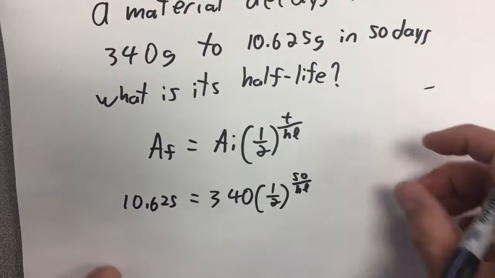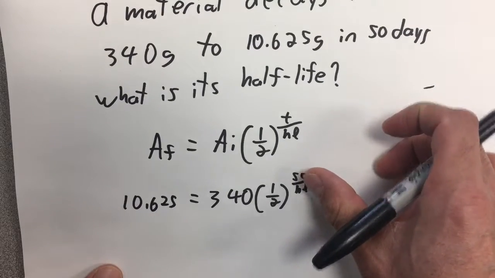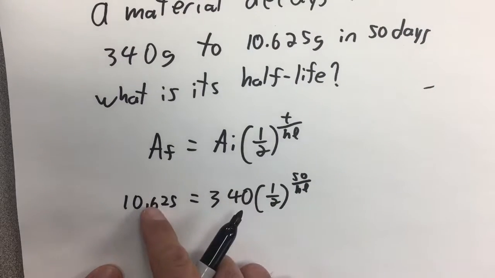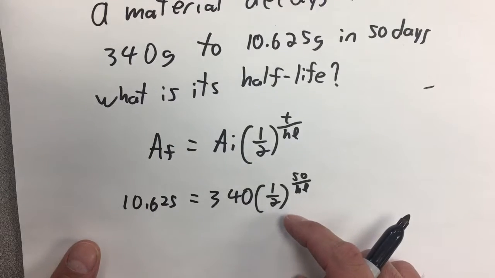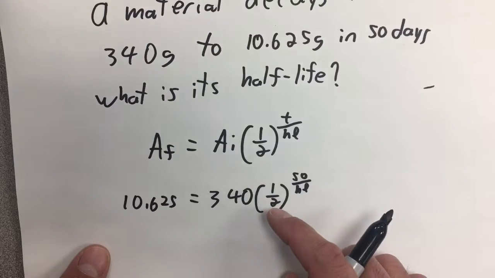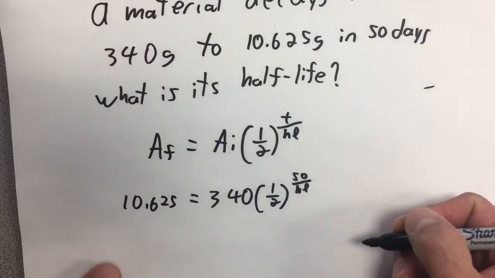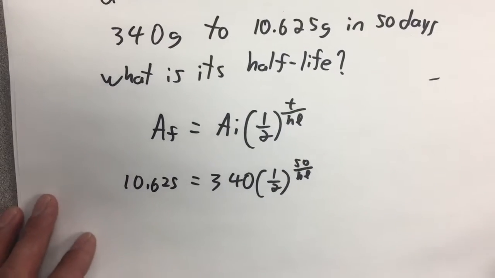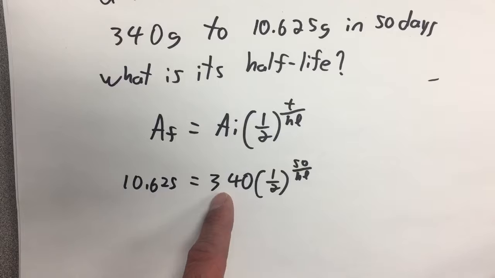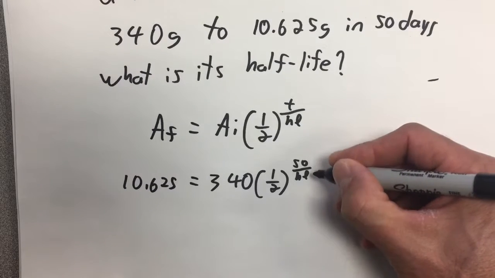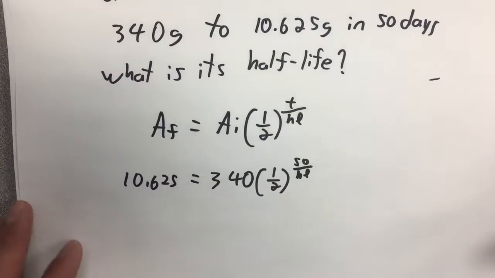What we're going to do is try and figure out how many times we have to cut this in half to get that. And then once we know that, we can take our answer and I'll show you algebraically how to determine the half-life. So again, this is the initial amount, that's the final amount, this is the amount of time that's gone by, and that's the half-life.